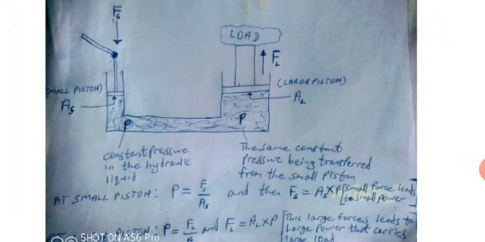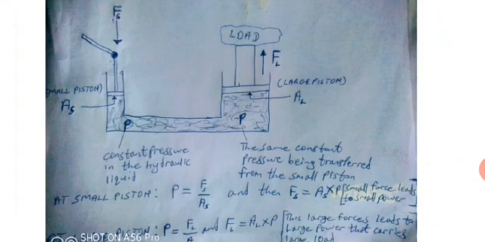So when it is multiplied by the pressure that is transferred to it, it results in a large force, and it is that large force that we need to lift up the load to which the large piston is connected, and we can see it on the screen.